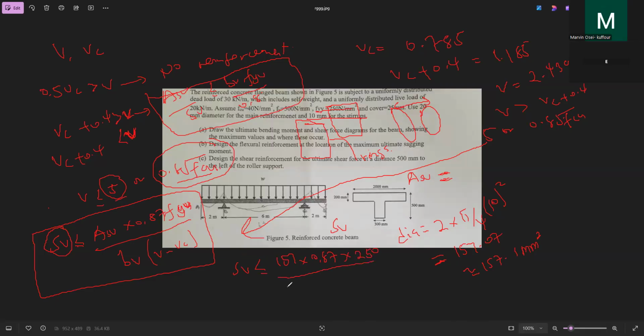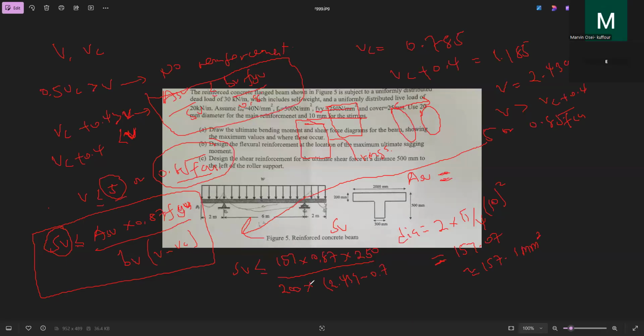All divided by the breadth. The breadth was what? 200. And then the V, we calculated V to be 2.439 minus the VC.